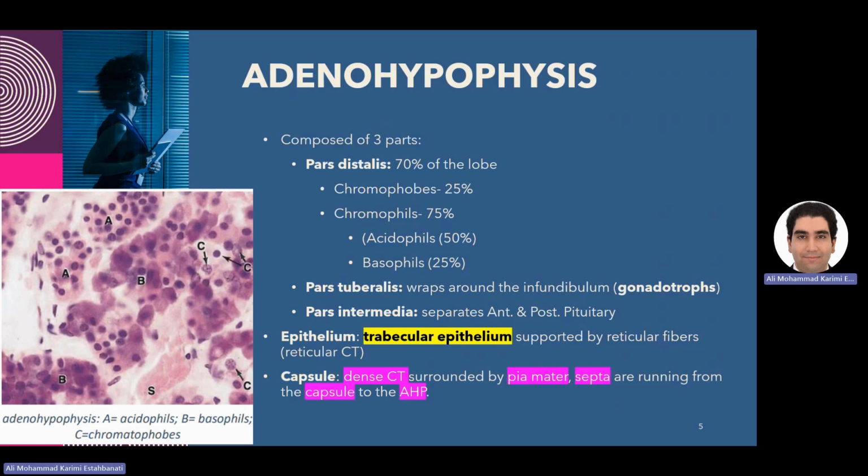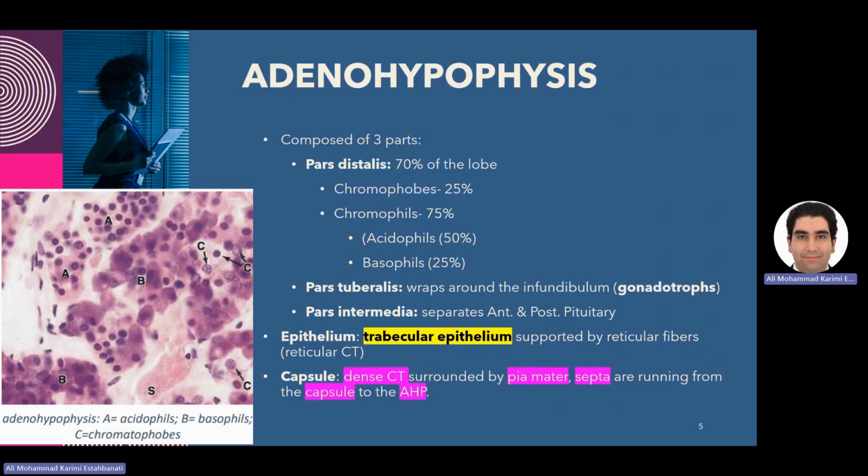Now, the acidophilic cells are usually only two types of cells, while the rest of them are basophilic. Okay, but these two cells have the majority, being about 50% of that 75% of chromophils, while most of the other hormones are produced by the 25% of cells that remain.